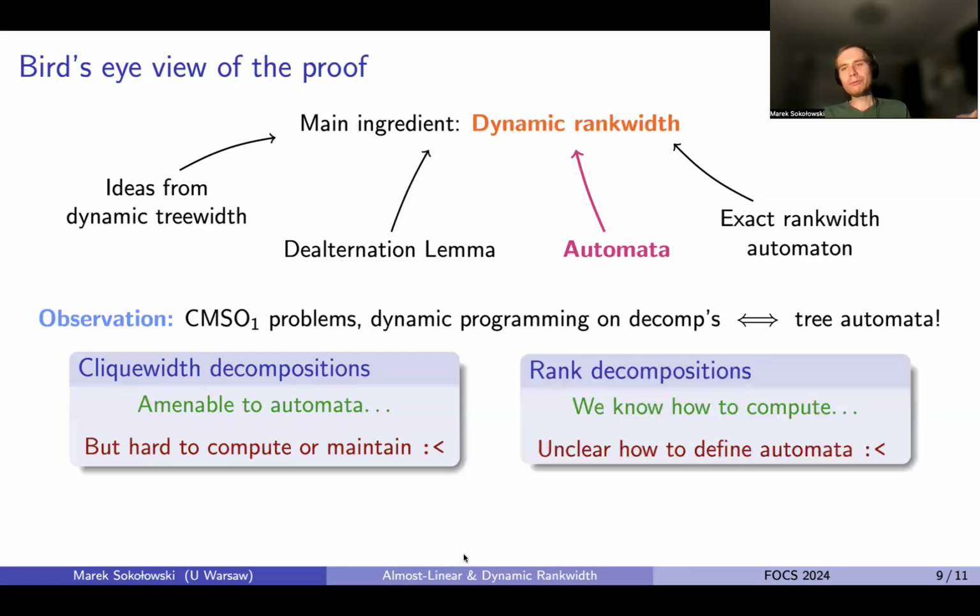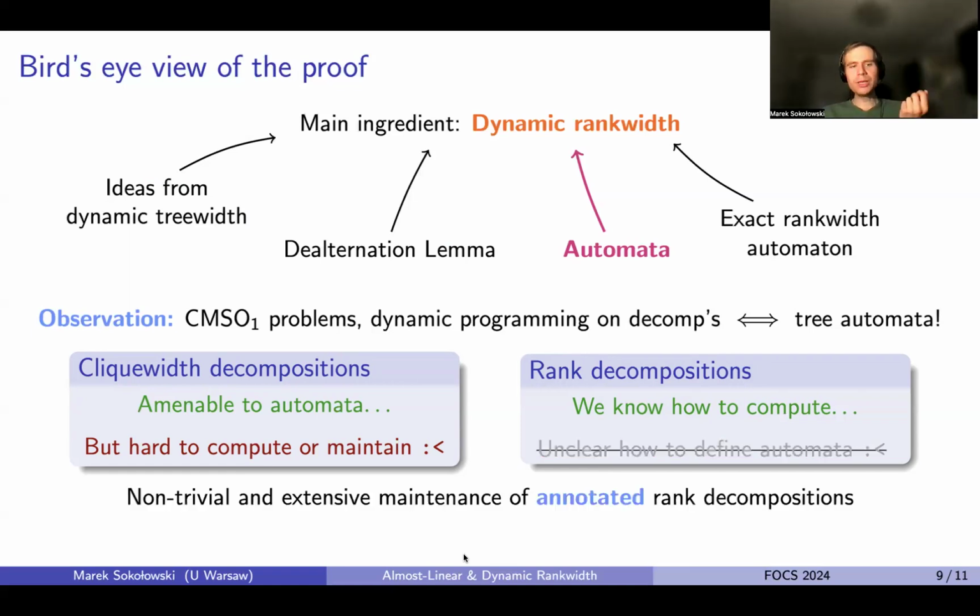On the other hand, we have rank decompositions that we already know how to compute quite efficiently, but it's really not clear how to define automata on rank decompositions. So what we do is we actually set up some non-trivial and extensive maintenance of different annotations throughout the rank decomposition to actually produce a notion of rank decomposition automata that is used throughout the paper.